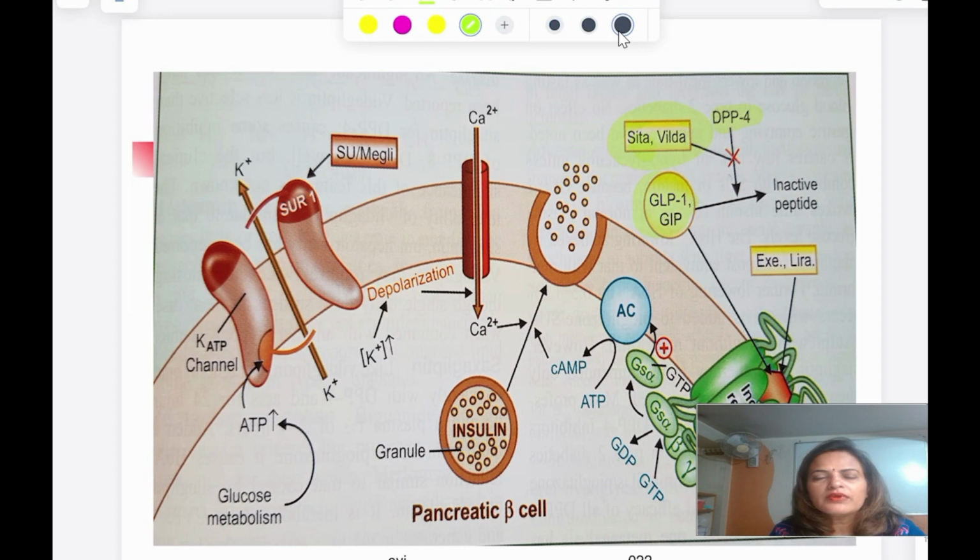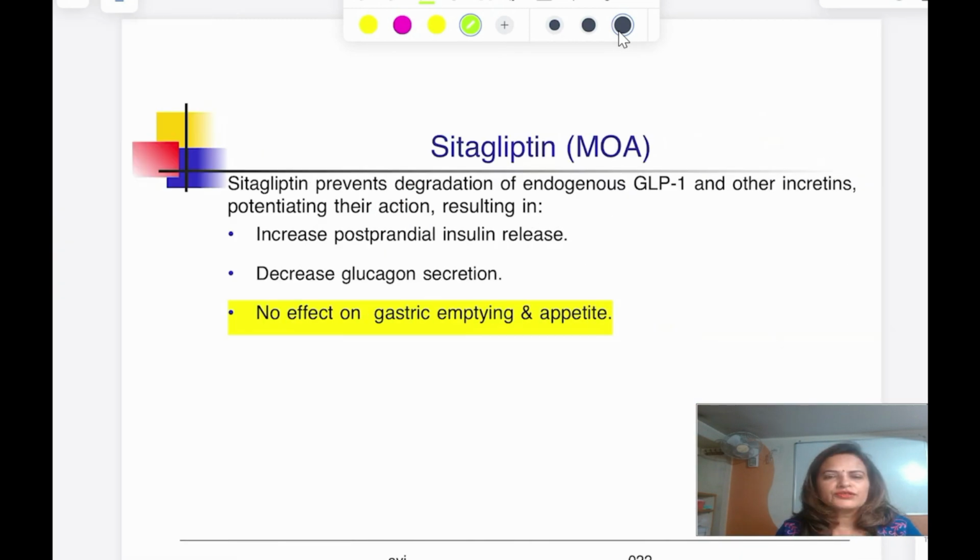The action will be the same, but the only difference with sitagliptin and vildagliptin is that they cause the release of insulin and inhibit the release of glucagon. They do not exert any action on gastric emptying or on the satiety center, so no action on appetite. They only cause the release of insulin and decrease glucagon release.